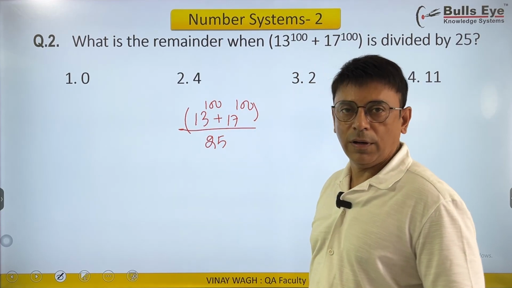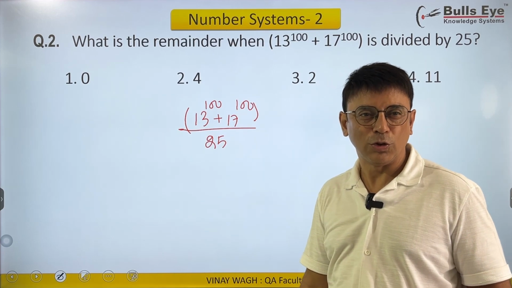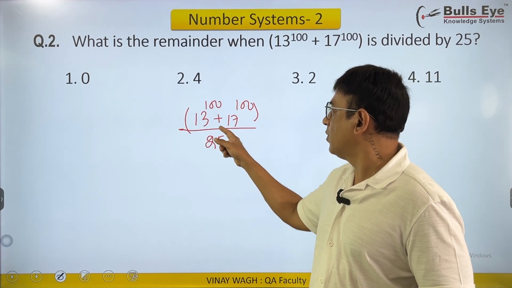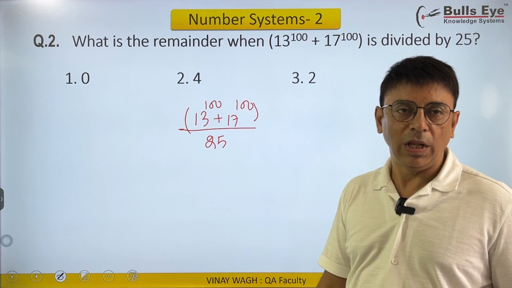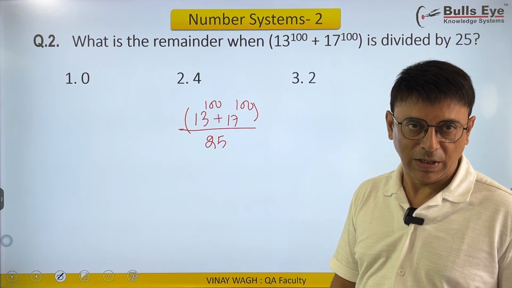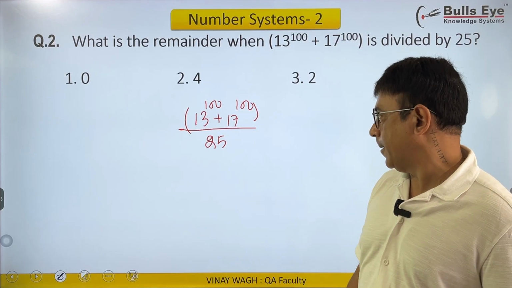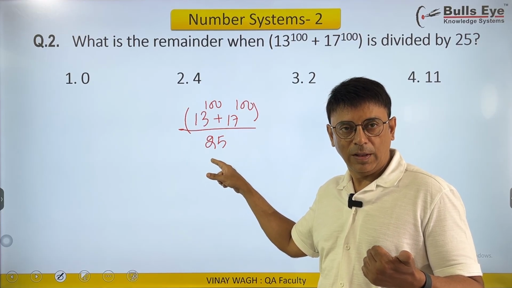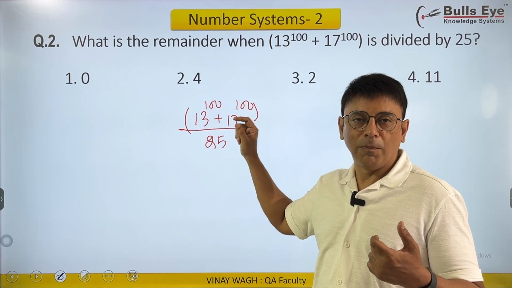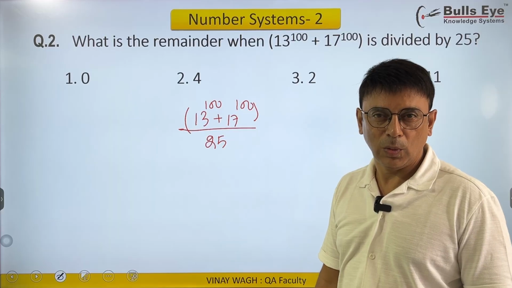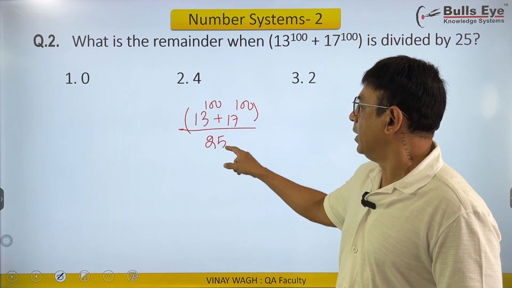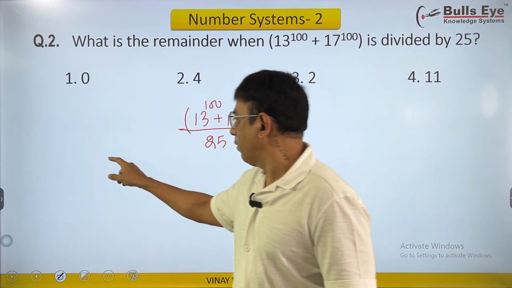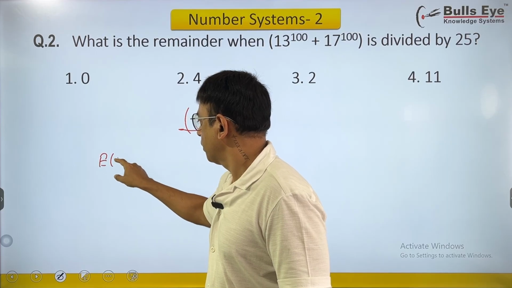If the divisor, that is 25, is co-prime with 13 and with 17, that's condition number 1. And if you can find the Euler's number of 25, and if you can find that number here, the remainder is 1. What I mean to say is, the Euler's number of 25 is to be found out first.